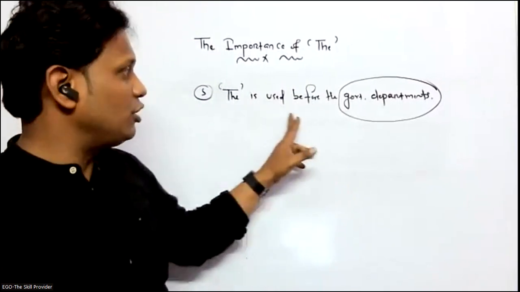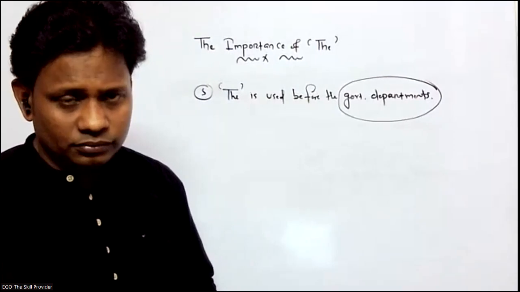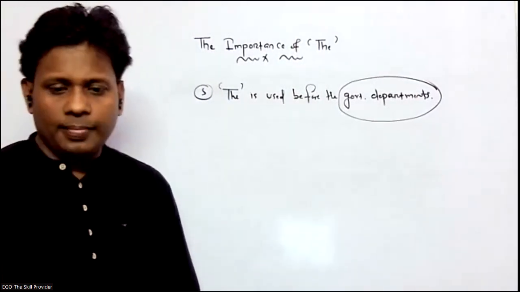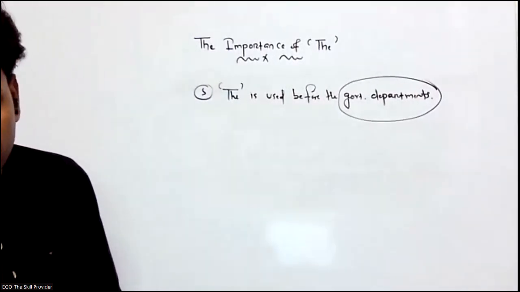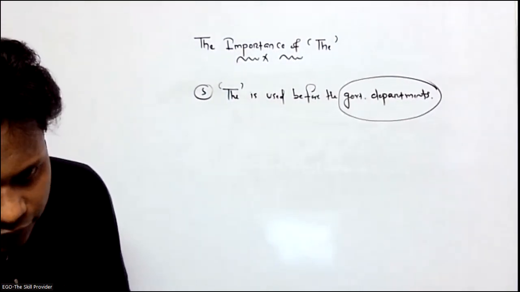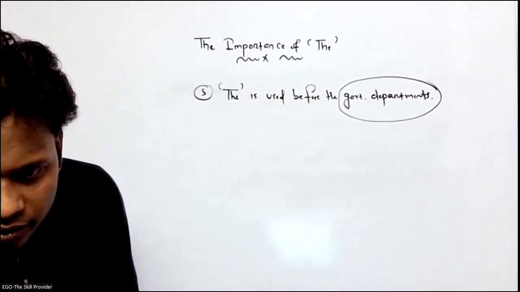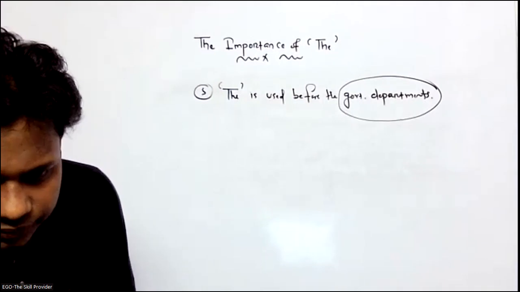So "the" is used before some government departments. Now this is clear to everybody? Yes or no? Clear? Everybody? Yes, sir. Vibhu sir, Rajesh sir, Tapachani ma'am, everybody. Clear? Okay. So right now, I want to take a question that you have already attempted.